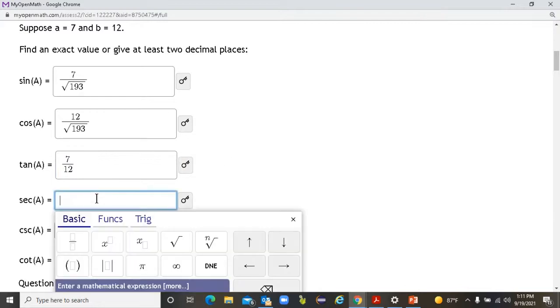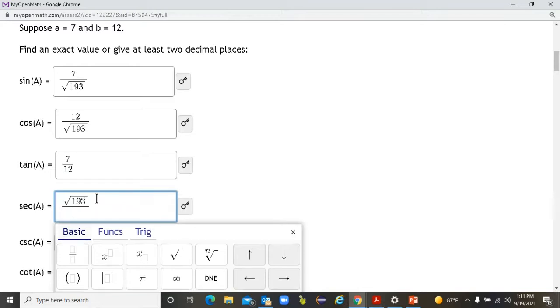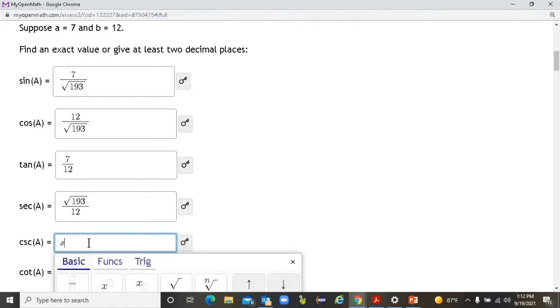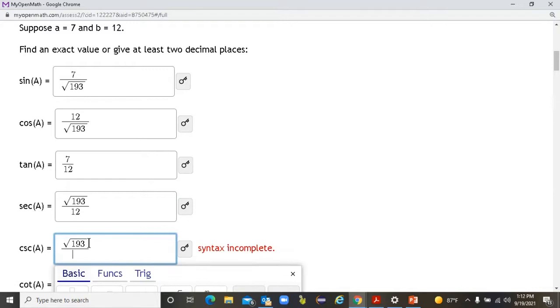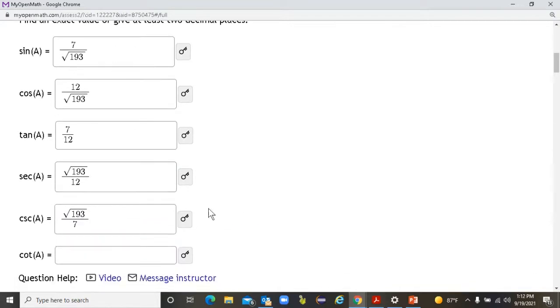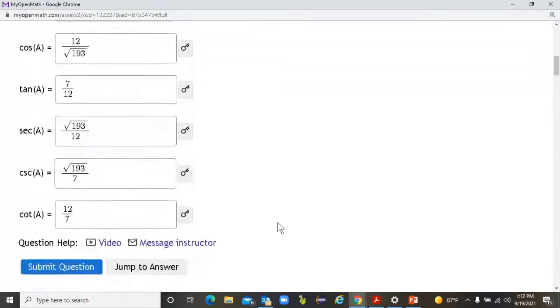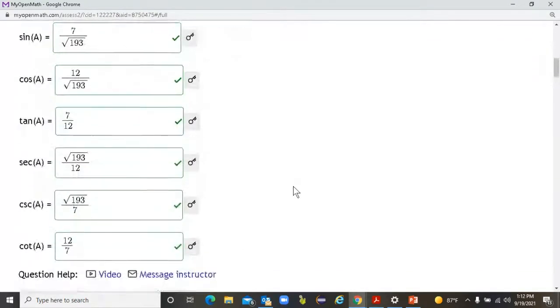And now for secant, secant is 1 over cosine. So all I'm going to do is flip that cosine value, so square root of 193 over 12. Cosecant is 1 over sine. And cotangent is 1 over tangent. So see, all I did was use all of my reciprocals, and we're good to go.